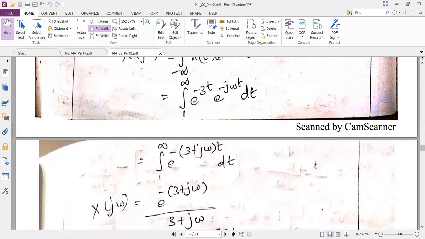E power minus 3 plus j omega divided by minus bracket of 3 plus j omega.